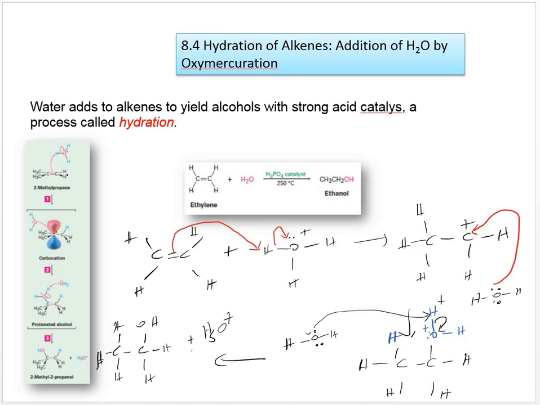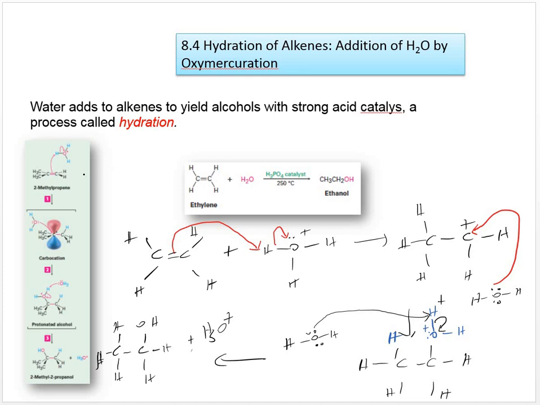Here I have zero substituents, because these are hydrogens, not substituents, and these are methyl substituents. So this carbon has two substituents, this carbon has zero substituents, so hydrogen will be added to the carbon with fewer substituents.